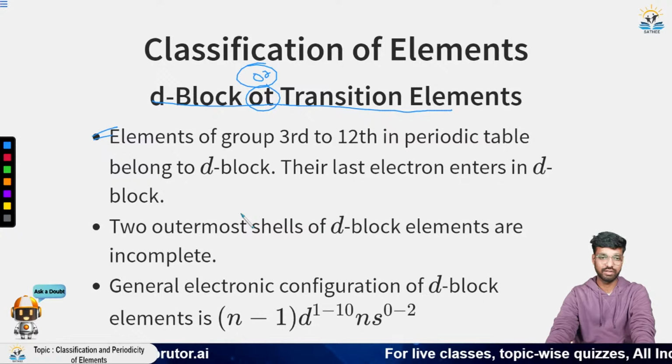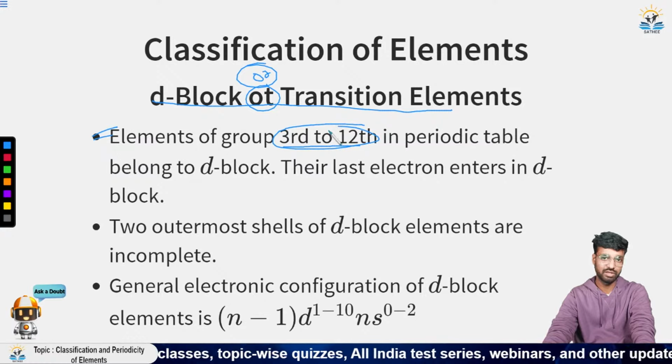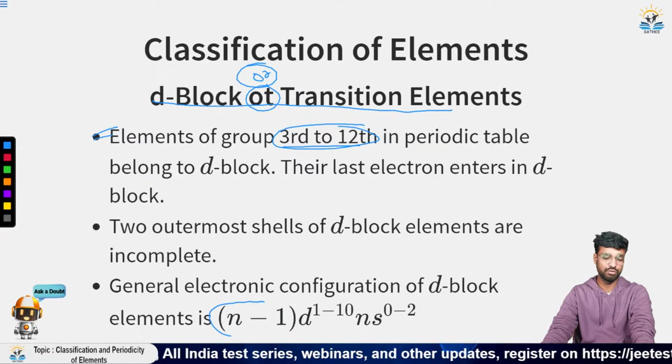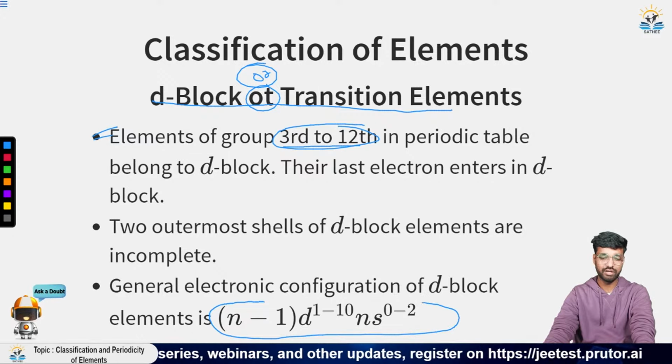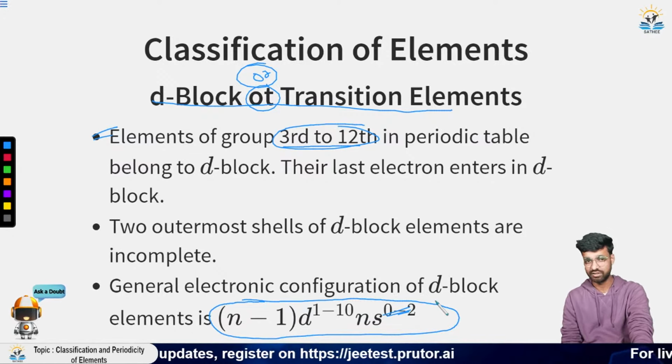The groups considered in it go from third to 12th, and the general configuration goes from (n minus 1) d1 to 10, ns1 2.